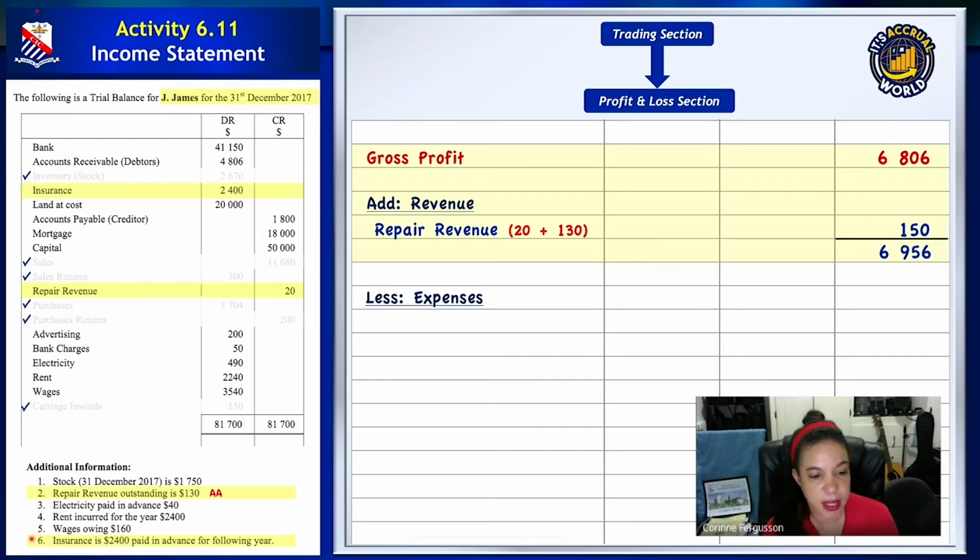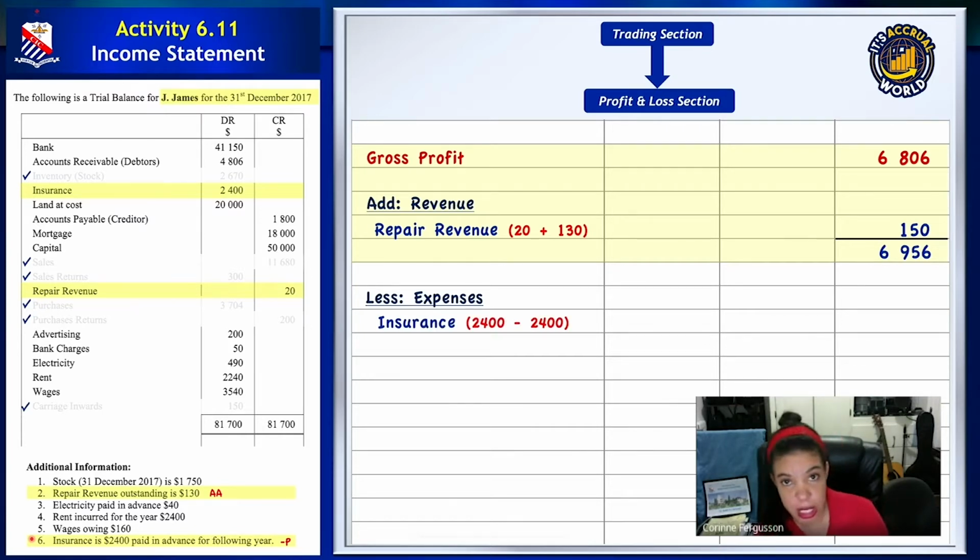That means that you have a prepayment. Paid in advance is a prepayment. And what do you do with prepayments? You less it. So you're going to go to your income statement. Under expenses, you're going to put insurance.